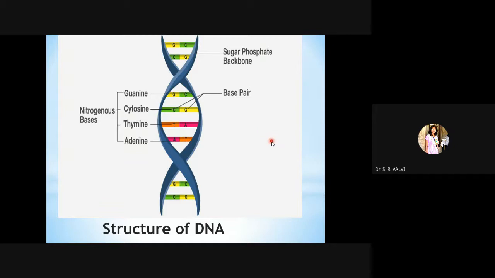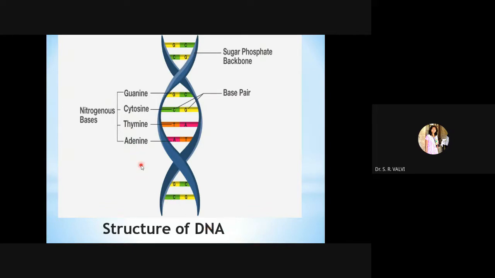Only in RNA, this T is replaced by uracil, right? So uracil is there in RNA, right? The rest of these nitrogenous bases are similar. Getting it? So all these nitrogenous bases are present in DNA.